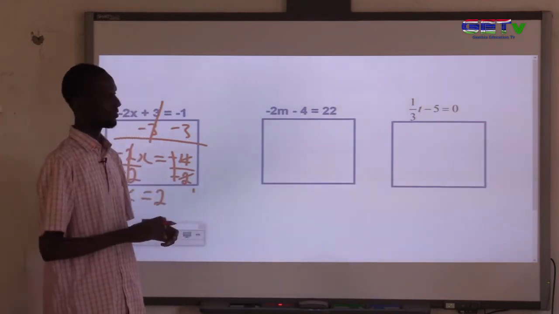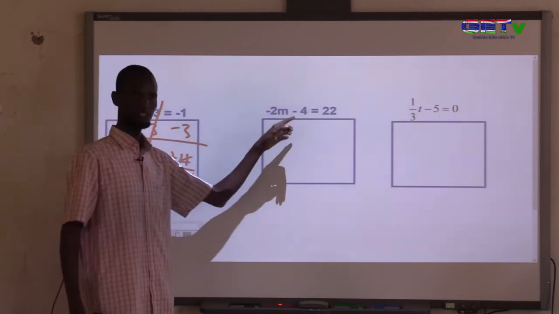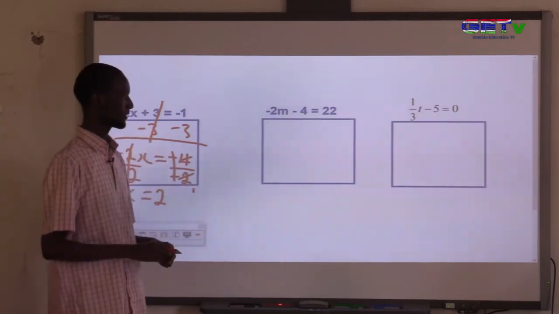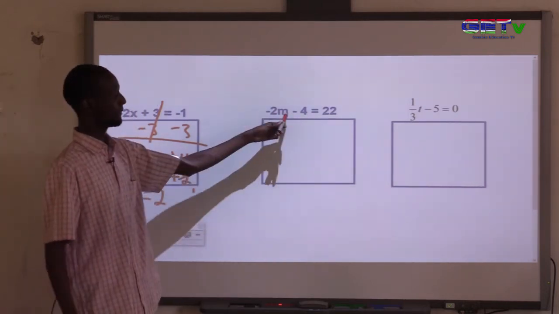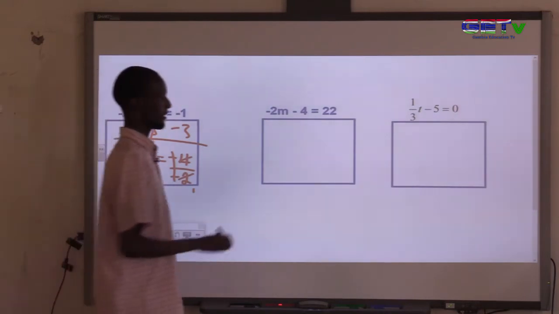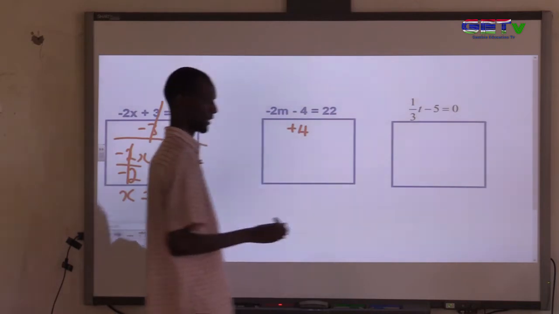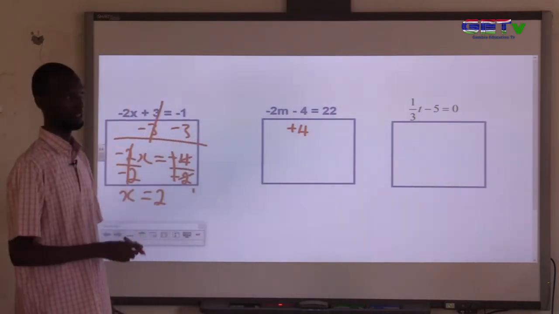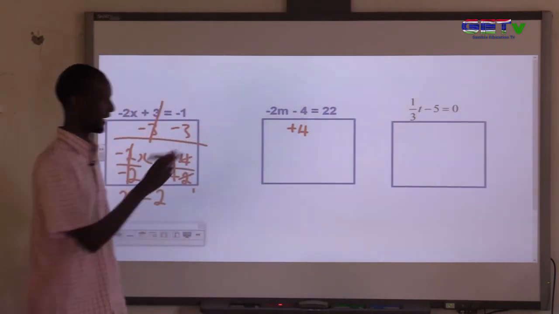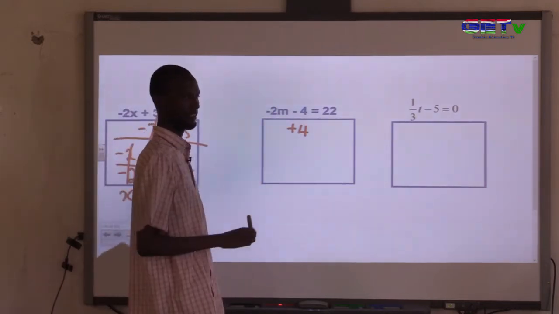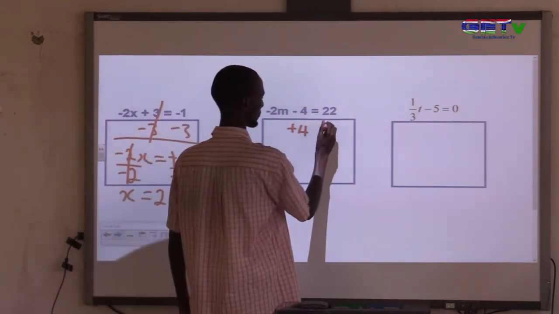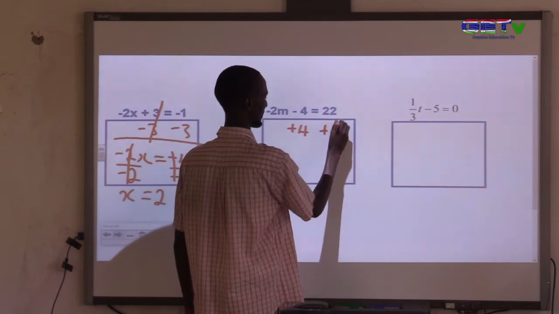Which means we're going to undo the subtraction first. And if I want to undo negative 4, I'll have to add 4. Because I know the inverse for subtraction is addition, so I need to add 4. But I know also that if I add 4 to the left-hand side, I must also add 4 to the right-hand side.